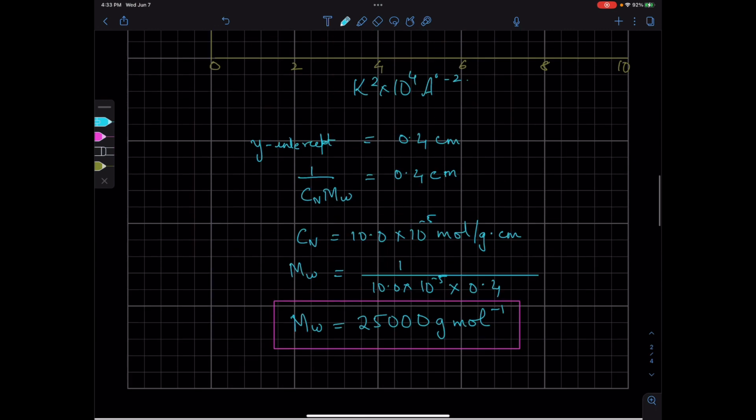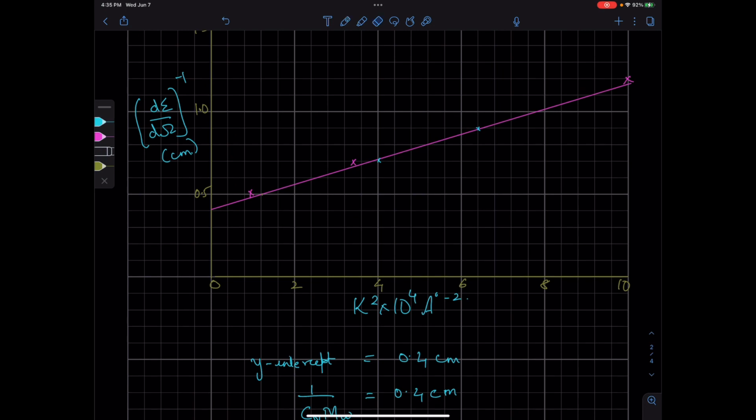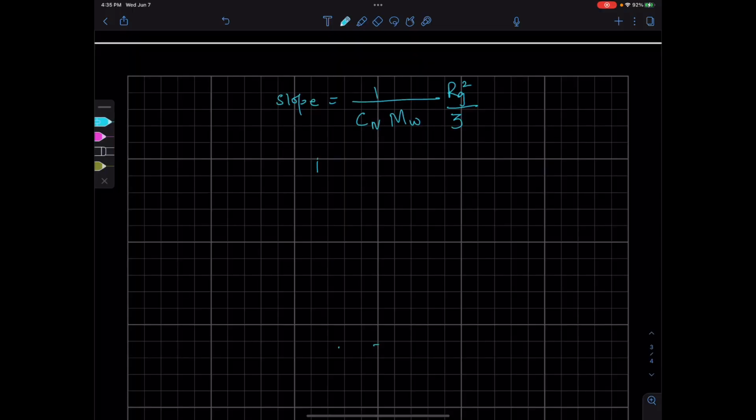Let's select 2 points from the graph. 1.2 times 10 to the negative 4 and 0.5. 1.2 times 10 to the negative 4, because the x-axis is k squared times 10 to the 4, so we want to write 1.2 times 10 to the negative 4, and the y-coordinate is 0.5.